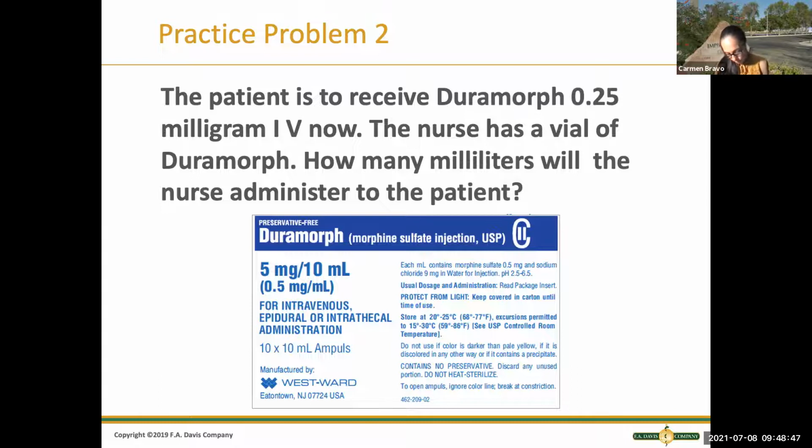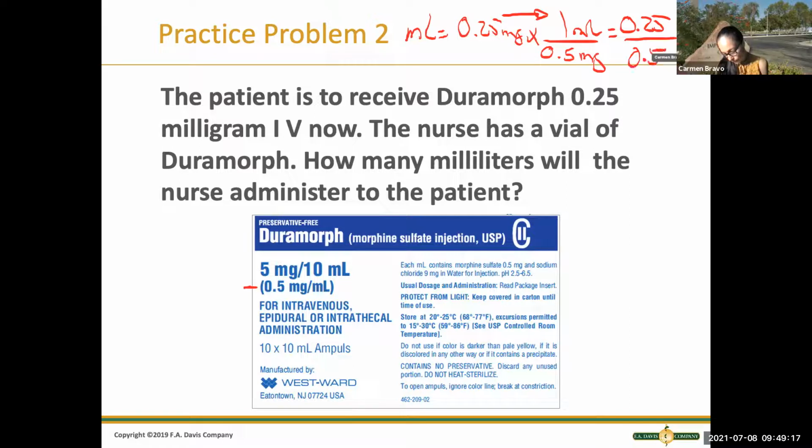In this particular one, I like to use this one because my dose is pretty small, so I don't need to work with big numbers. I think that's going to give me half an mL, right?